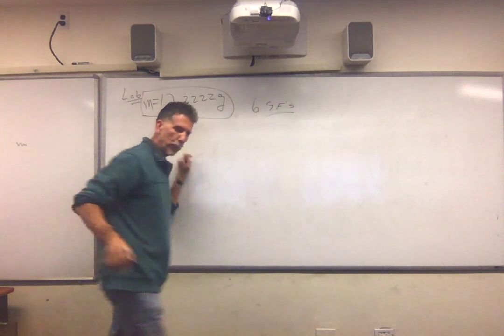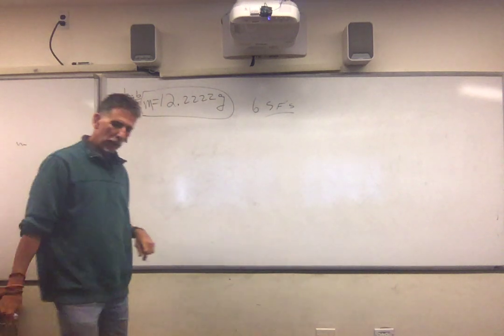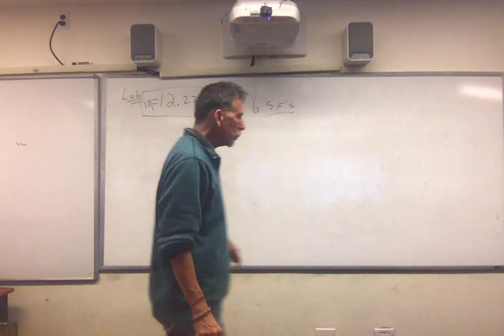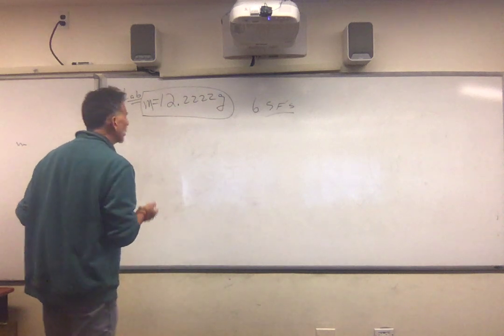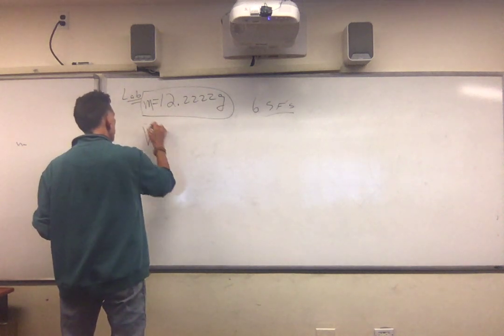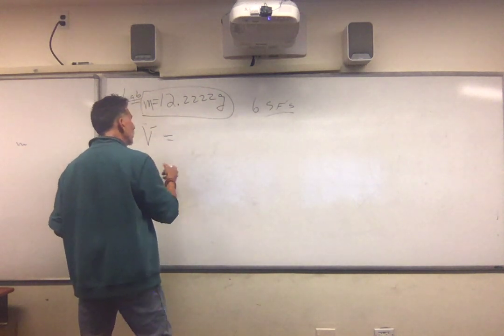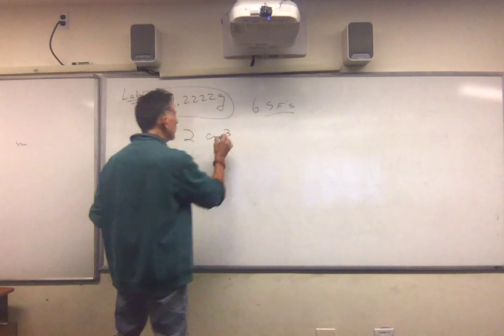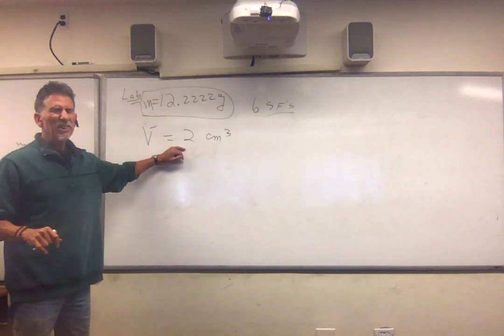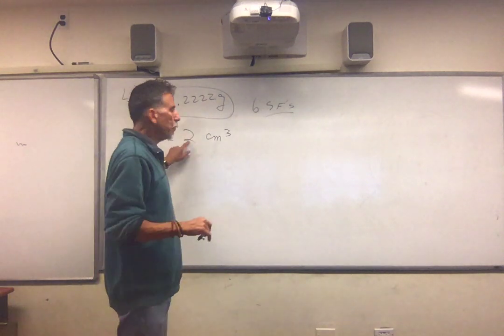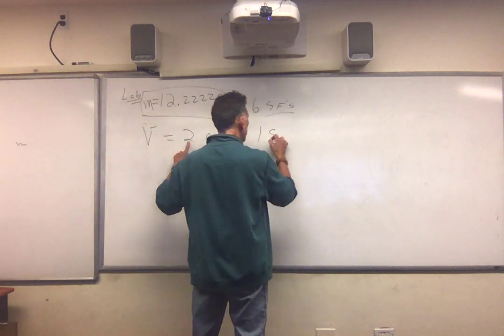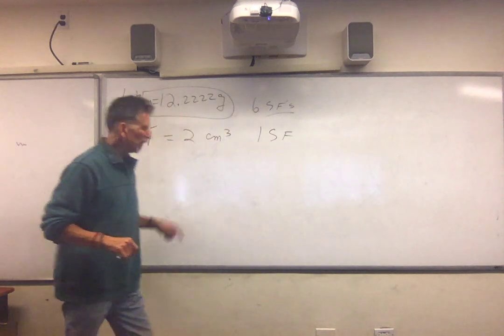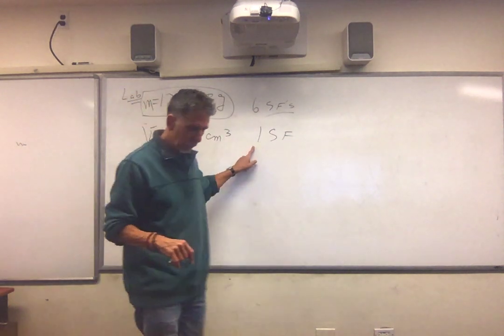Wow. That's a pretty good balance, an analytic balance. Now suppose we measure the volume to be 2. 2 what? 2 centimeters cubed. So we didn't do such a good job in measuring the volume. We measure it to only 1 significant figure. That really stinks. That's a terrible measurement.